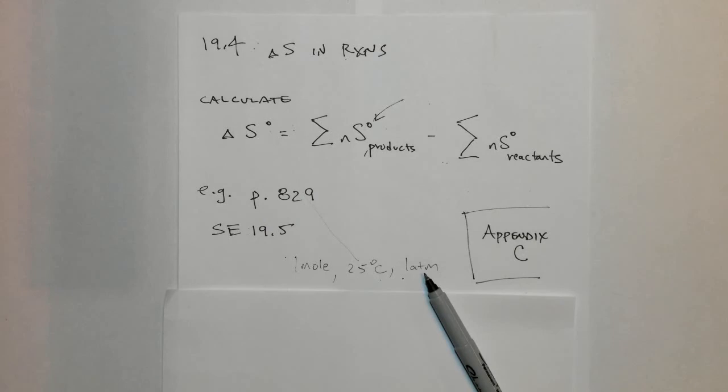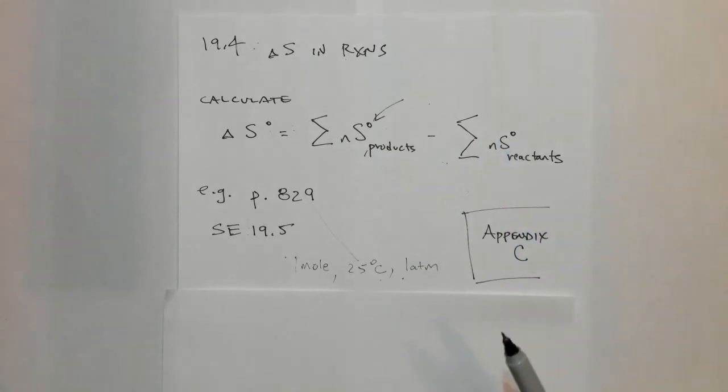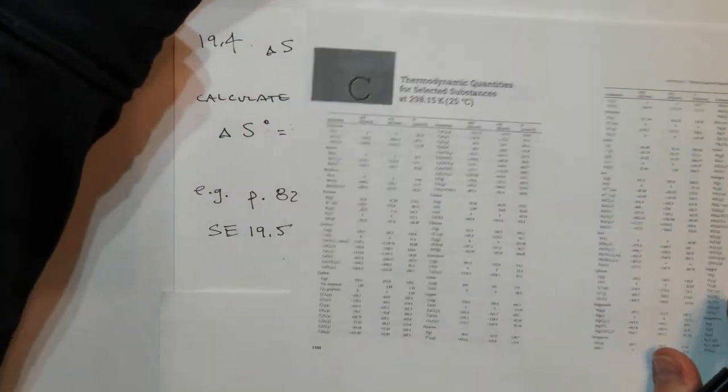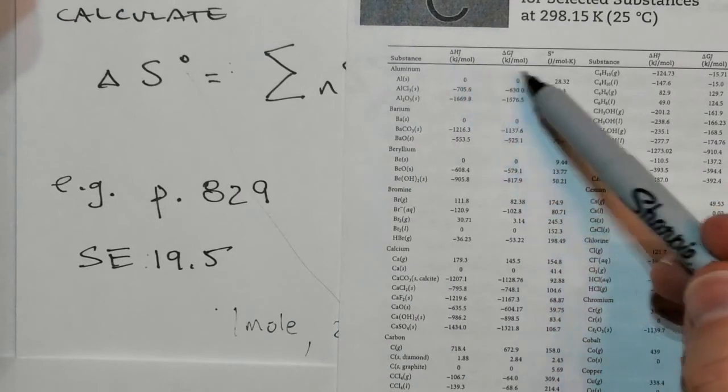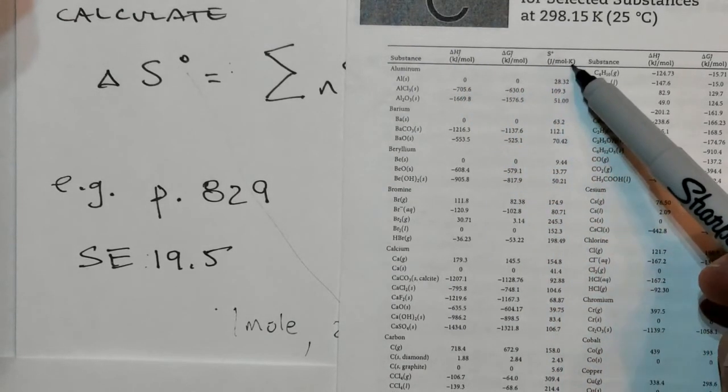And in the appendix of your textbook, there's a huge long list of the absolute entropies for many substances. Here's what Appendix C looks like. If you look really close at the top, you can notice that there's a list of the enthalpies in kilojoules per mole. And then here are the entropies in joules per mole Kelvin.